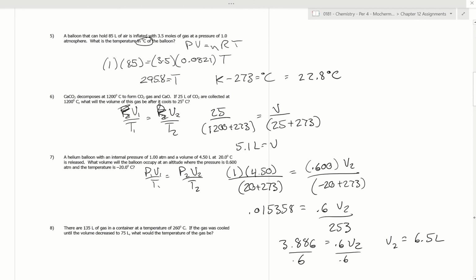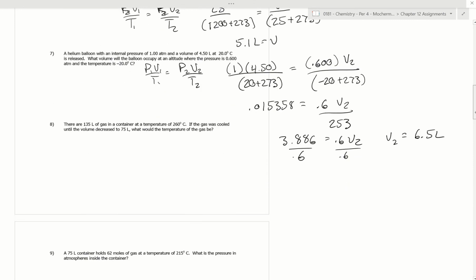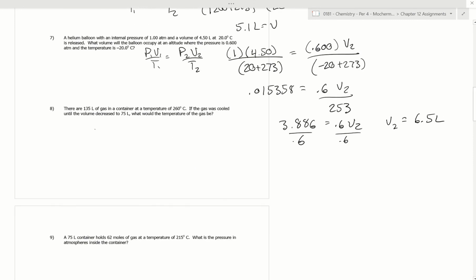All right, and my last one here, number 8. I have 135 liters at that temperature, and I have 75 liters. What will the new temperature be? So 135 at 260 plus 273 equals 75 liters at T2. So 135 divided by 260 plus 273 gives me 0.253 equals 75 over T2.